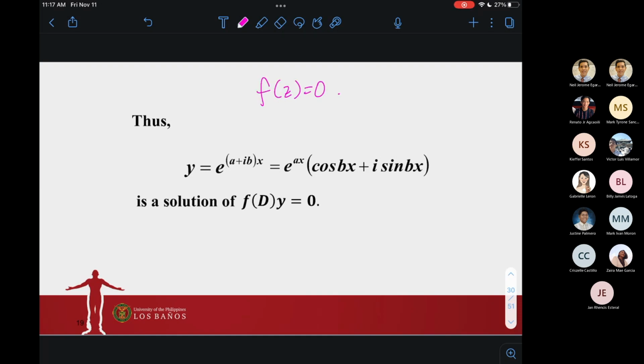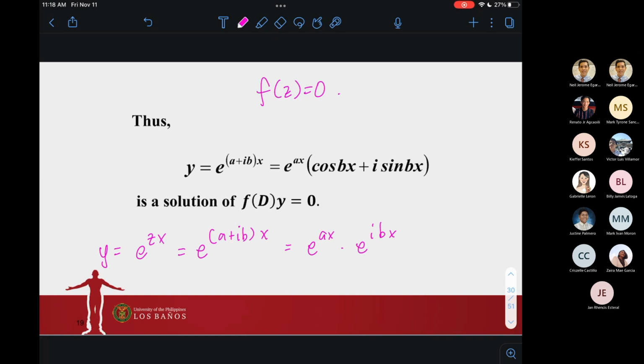So mag-apply yung remark natin sa section 3.4 na kapag nakakuha ka ng root ng auxiliary polynomial, yung e to the root ng auxiliary polynomial ay solution dun sa ating GLDE. Pero ang root natin dito ay complex. So siya ay a plus ib times x. So, ibig sabihin, ito lamang ay e to the ax times e to the ibx.